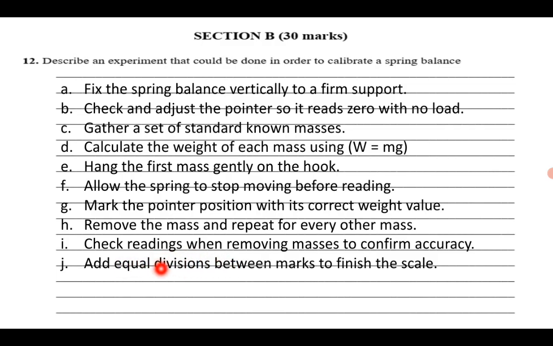So you mark on the scale panel, you add equal divisions between marks to finish the scale. In so doing, you are said to have calibrated it, and now you can go ahead to use it to measure weight.